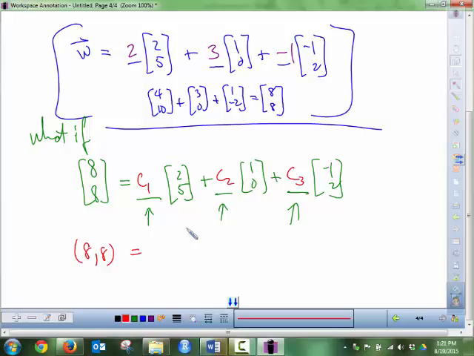So I want you to be flexible, because I like using these things with commas, but I know the textbook sometimes uses the column vectors, and we might need to use column vectors at times. So I want us to get used to the same. So yeah, they're the same thing. Okay?